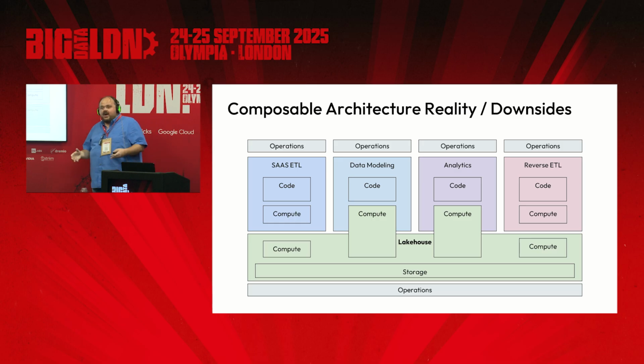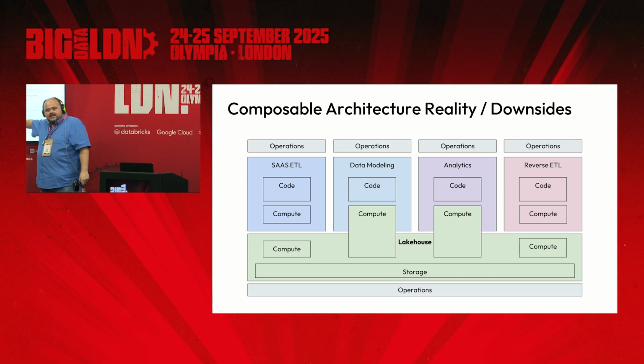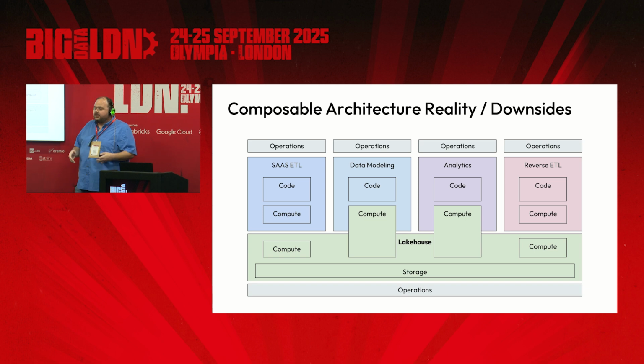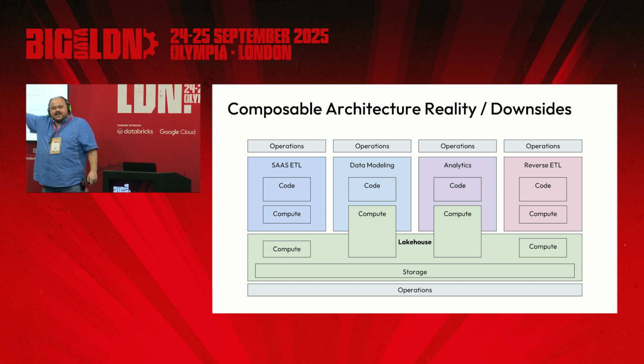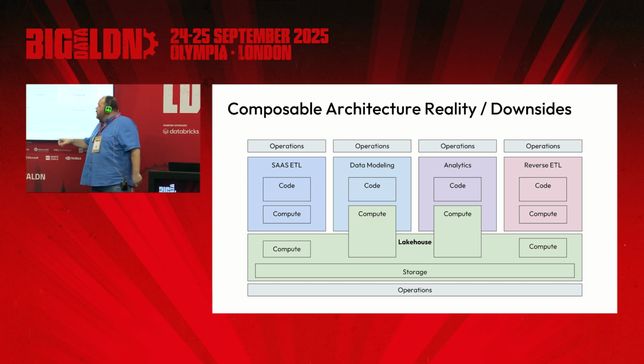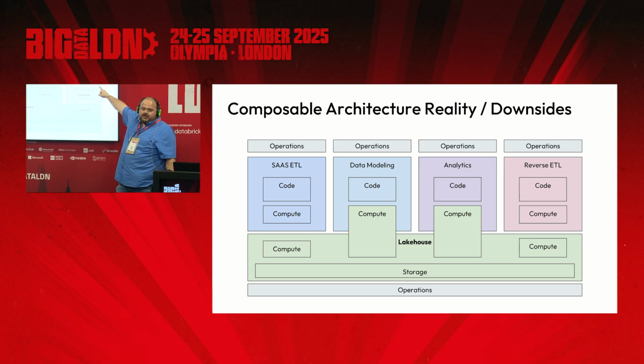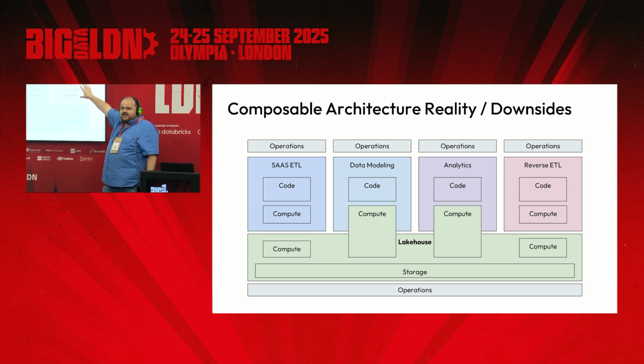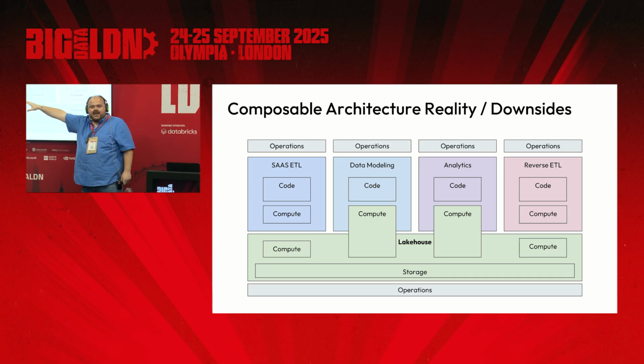So if you're going to monitor something, then you have to be monitoring the processes that are happening in your Lakehouse, but also processes that happen in each of these different applications. They don't really communicate. So you could change something in your SaaS ETL bit, add a new field, but if it affects a data model that's reliant over here when you're building audiences, it could break stuff in this silo that you didn't see down there.